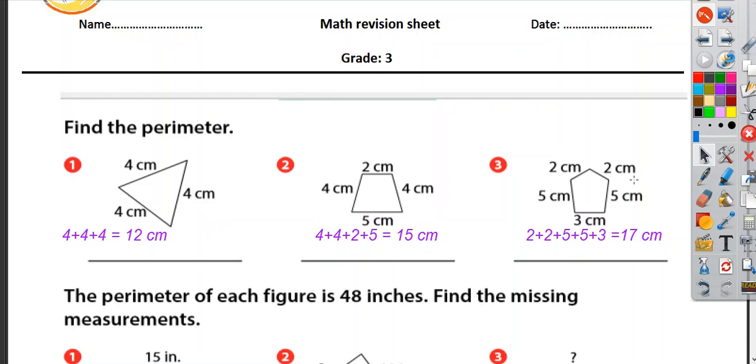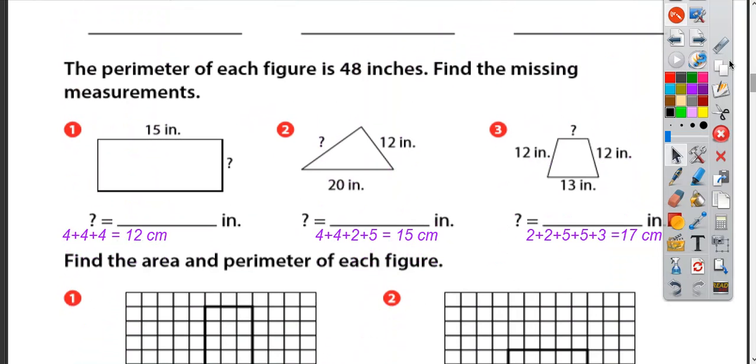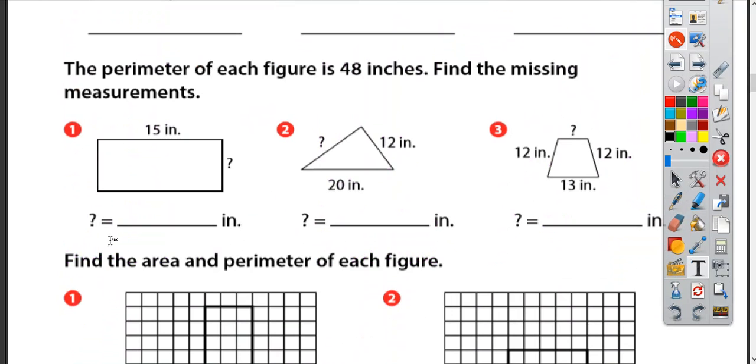So this is how to do it. Just add the numbers, or add the length of the sides, together. Now look at the second question. The perimeter of each figure is 48. Here we have 15, of course, because this side is 15 in a rectangle, this side is 15.